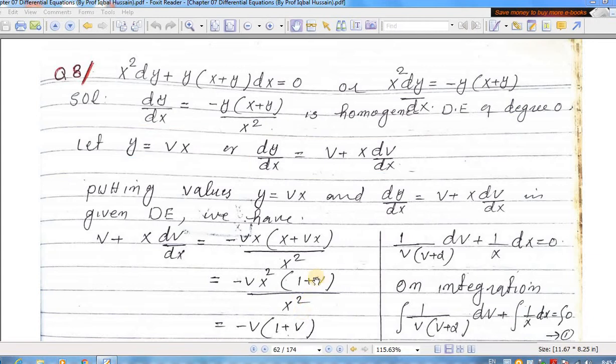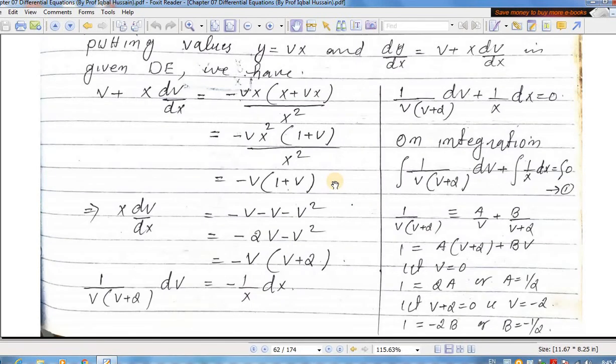If we take this x common, it will be x square, this x square, and these two will be cancelled. This will be the remaining.